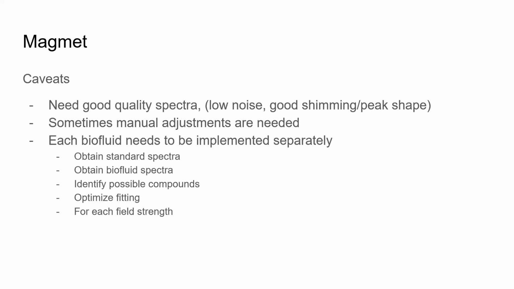And then we can add these to Magmet. Finally, we need to optimize the fitting where Magmet searches for each peak and optimize how it gets the concentrations. And normally we need to do this for every different spectrometer field strength. So you can't use the 700 data for, say, a 500 spectrum, and vice versa.